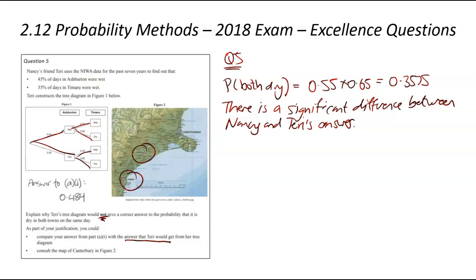If one is wet, the other's probably going to be wet. So the same weather patterns are going to impact both at the same time. So by just multiplying the two numbers together, her approach is going to be too simple. So I'm going to say Terry's approach is too simple.